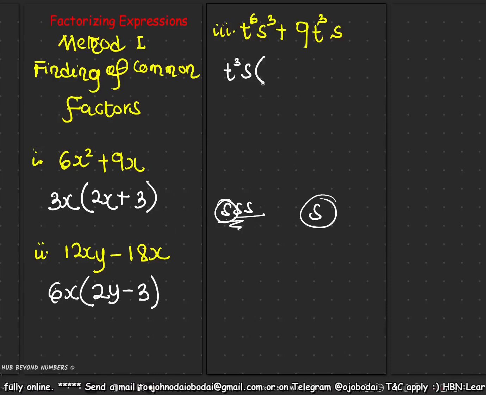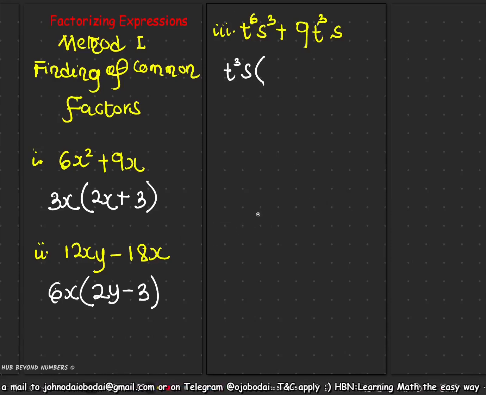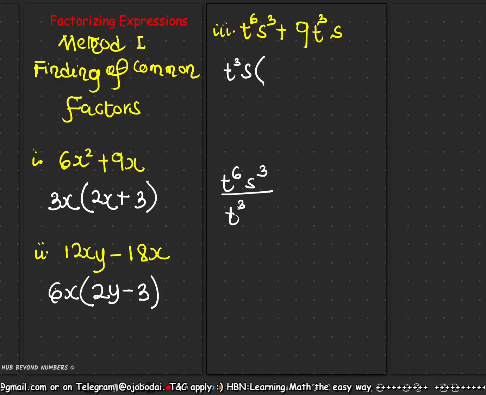Then we now bring our bracket. t cube s times what factor gives us t to the power 6 s cubed? If you can't solve that just by looking, you can pick out your t to the power 6, s to the power 3, all over your factorized term.